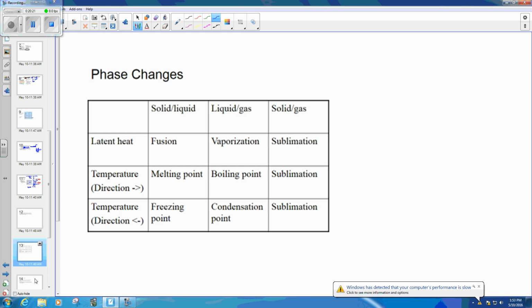It just depends on the direction in which you are going. Similarly, if it's changing from a liquid to a gas, we can say we have a boiling point. Or on the other end, if it's changing from a gas to a liquid, we can say it is undergoing condensation. There is also a state where we bypass the liquid phase. The object moves straight from the solid to a gas, and we refer to that as sublimation.